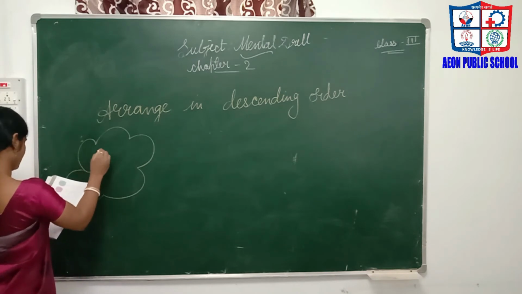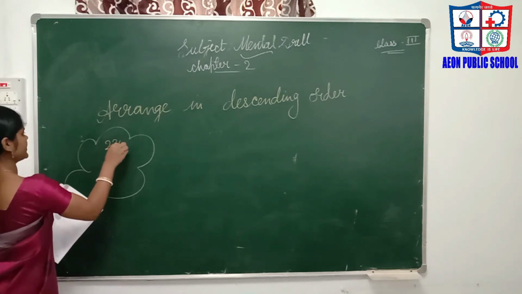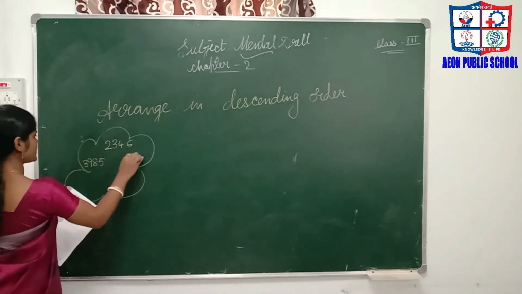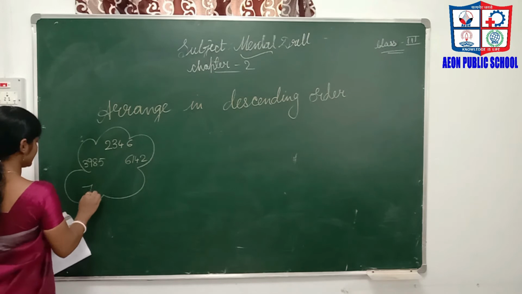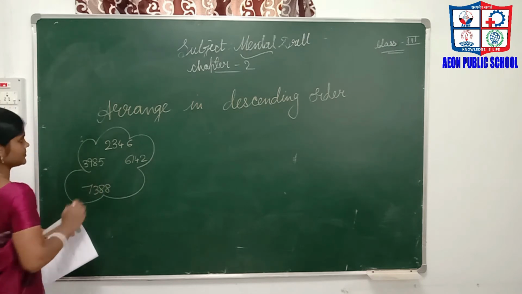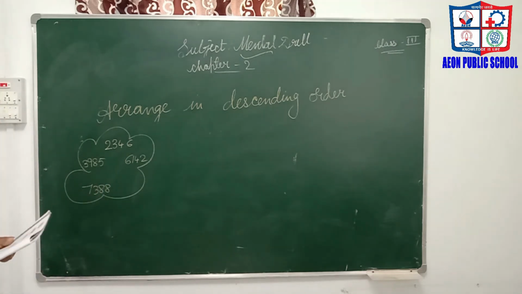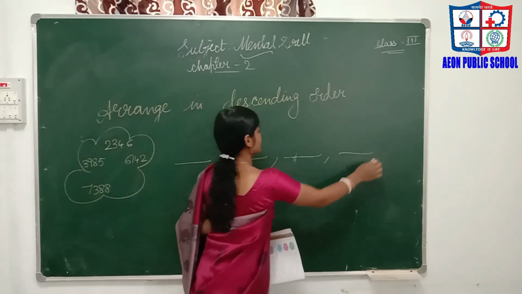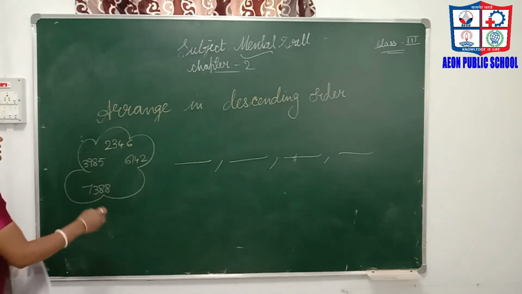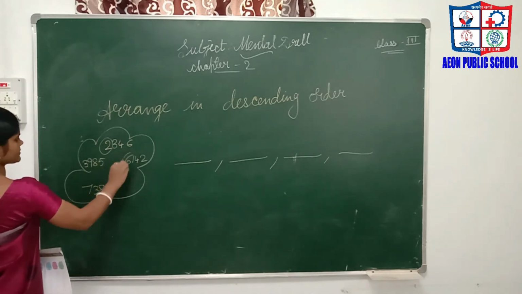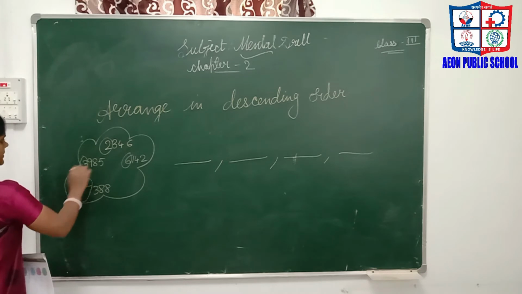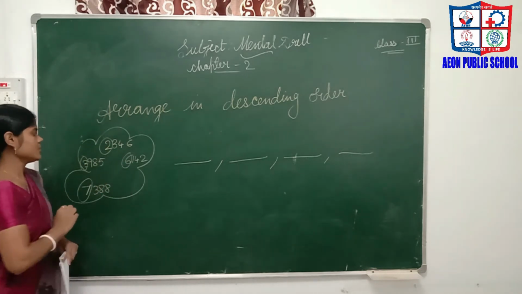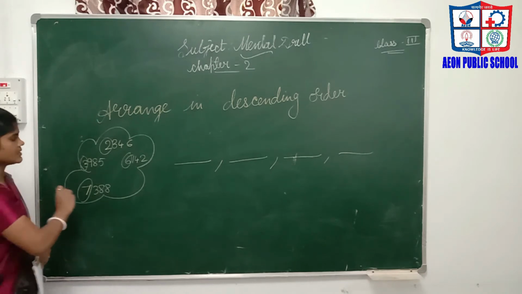Next, the first one I will explain. 2346, 3985, 6142, 7388. Here arrange it in descending order. Descending order means big to small. So first we find the biggest number, then smaller, then smaller. The same thing, thousands place: 2, 3, 6, 7. Here 7 is the biggest number.